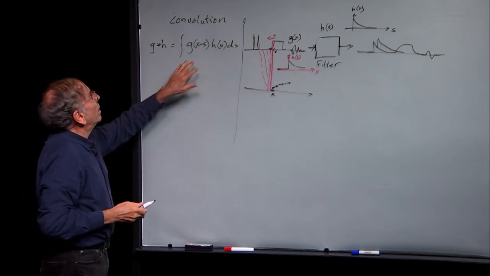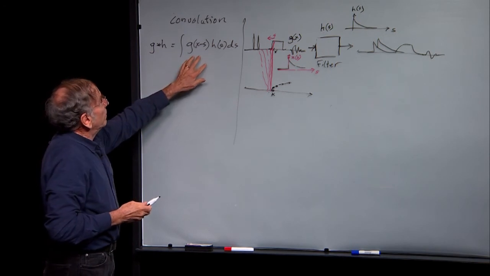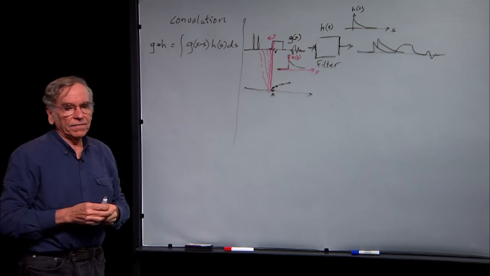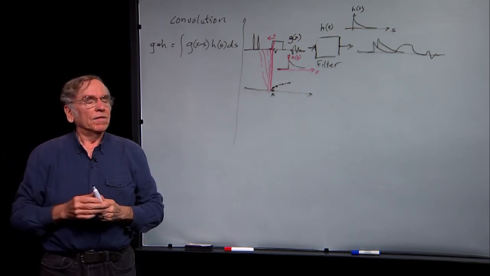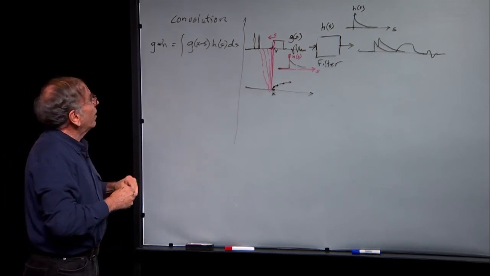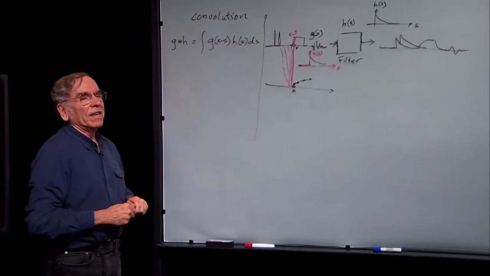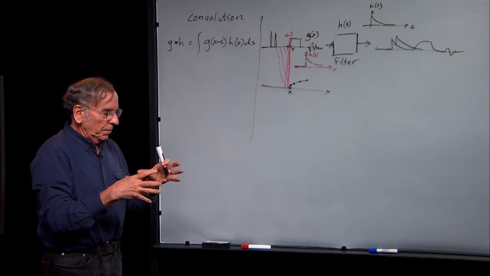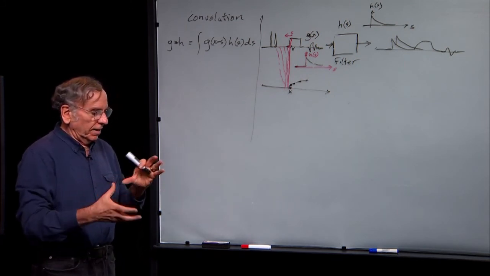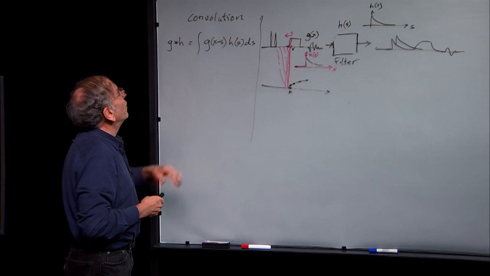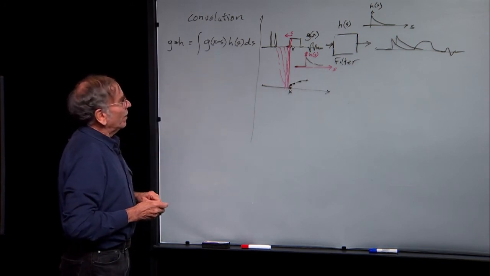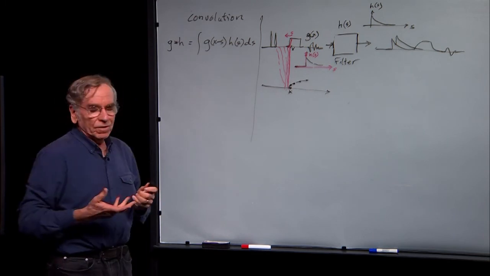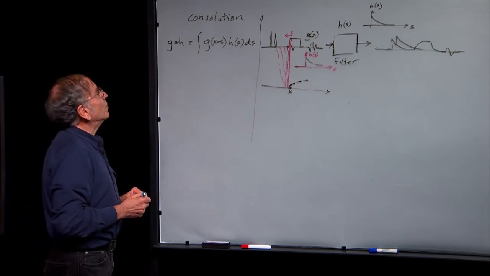Convolutions are numerically kind of expensive, because for every value of x, you also have to compute for every value of s. That's not too hard if you have 100 values of x and s, but if you're trying to do a convolution in, say, a large three-dimensional volume, there might be 1 billion x values and 1 billion s values, and that integral could take many years to compute.